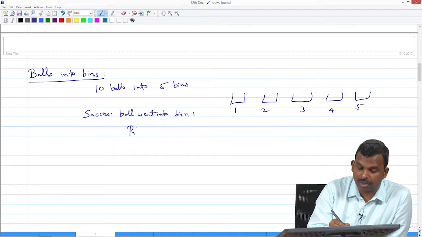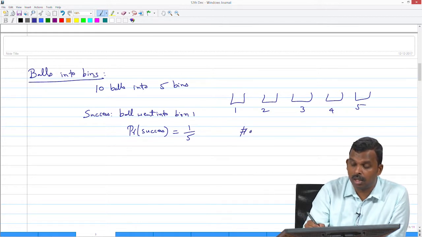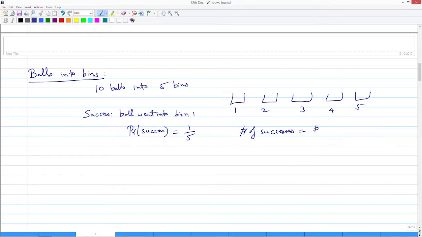So, the probability of success is actually 1 by 5. So, what is the number of successes? It is actually the number of balls in bin 1, right.